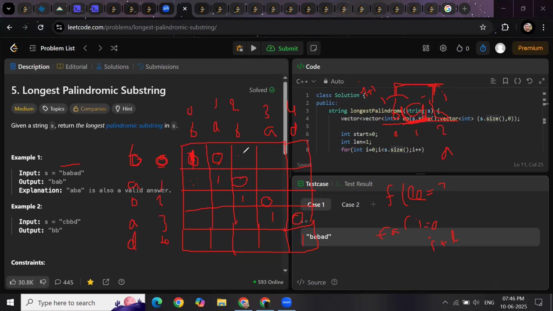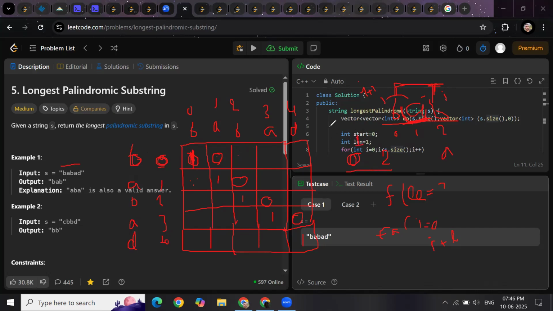In the same way, if I am at this cell, I checked that both characters are equal. I need to check whether the substring appearing between them is a palindrome. So it is 0 and 2, this is the substring 0 to 2. So 0 plus 1 will be 1 and 2 minus 1 will be 1.